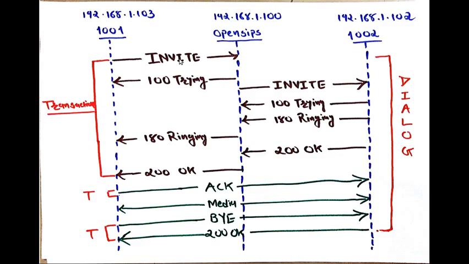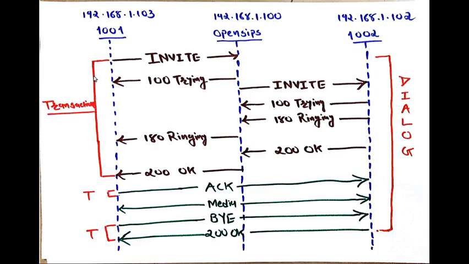So the proxy will give the 100 trying, and the proxy forwards the invite to the phone 1002, and 1002 will immediately give 100 trying and a ringing message, and now the proxy forwards the ringing message to 1001. When 1001 gets the 180 ringing, it generates the ringing tone.